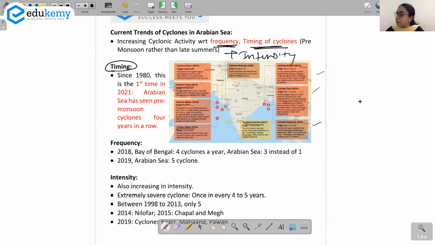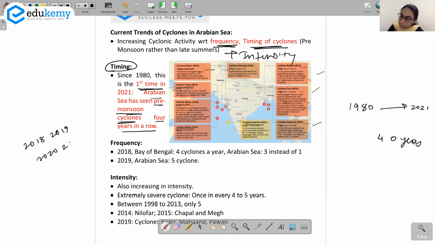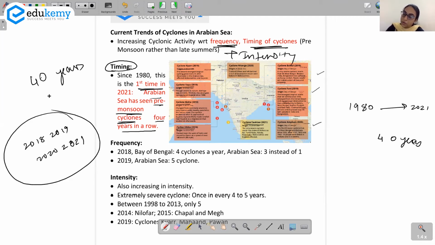If you look at 1980 till 2021, nearly 40 years, for the first time in those 40 years, the Arabian Sea has witnessed a pre-monsoon cyclone four years in a row: 2018, 2019, 2020, 2021. Four cyclones in four years.